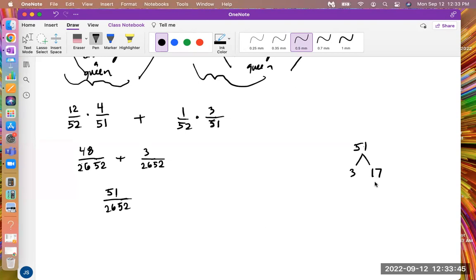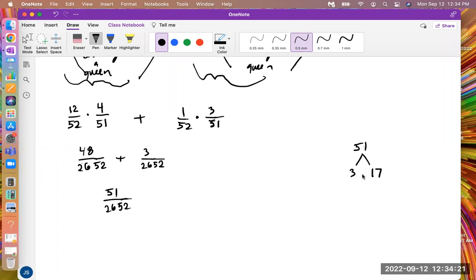So 3 times 17 is 51. I can't factor 17 down even further by saying some number times some other number equals 17, so 17 is prime. So the only numbers that divide into 51 are 3 and 17, and multiples of those.